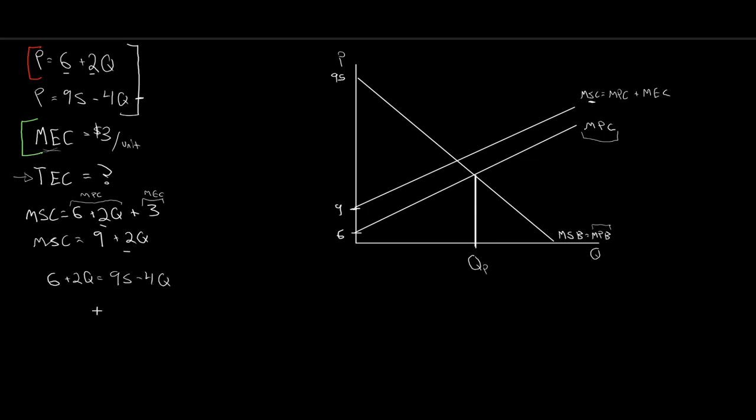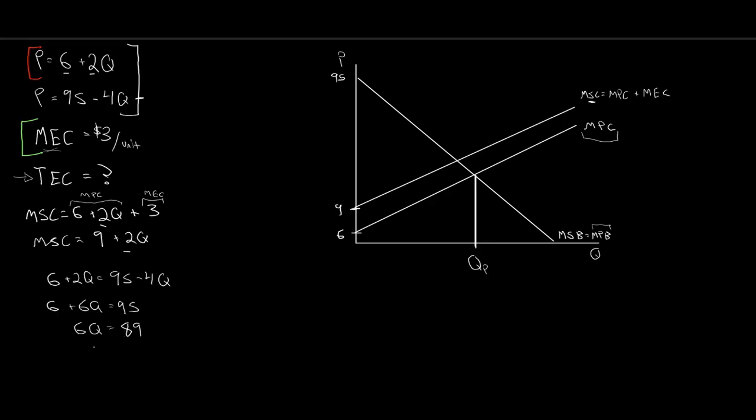Let's get rid of that 4Q to start off with, so add it to both sides. 6 plus 6Q equals 95. Let's move this 6 over, so I get 6Q equals 95 minus 6. That's 89. Then get the Q by itself, so divide both sides by 6.